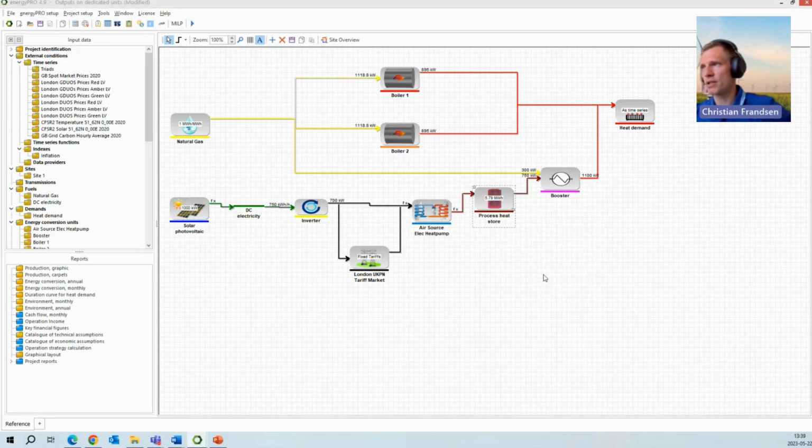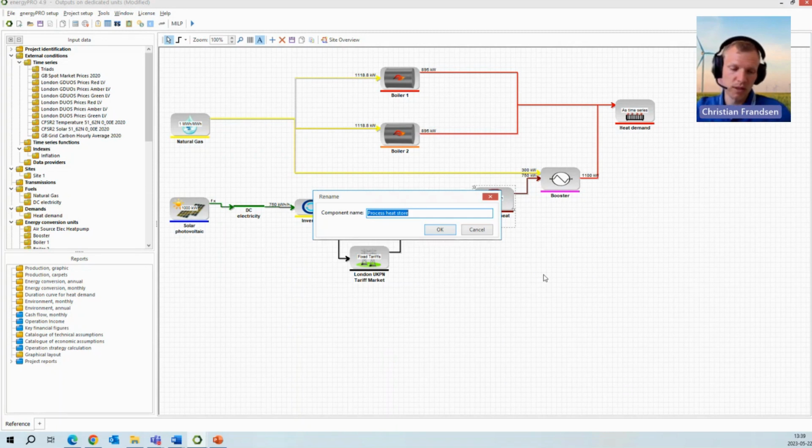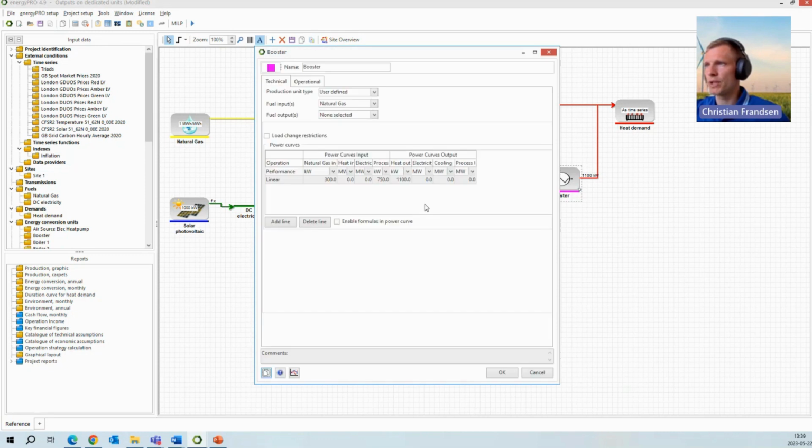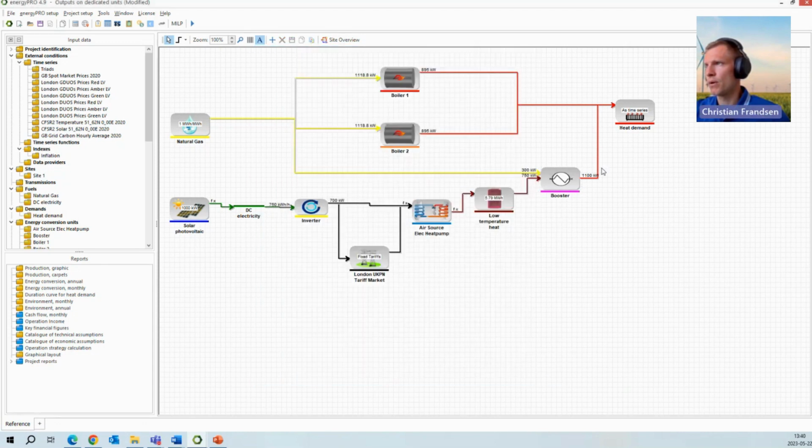We could name this, instead of process heat, low temperature heat, and then we say that in this booster we define the ratio between the low temperature heat, which is this one, and natural gas consumption in order to get a heat output which has then the temperature that is required to supply the heat demand.